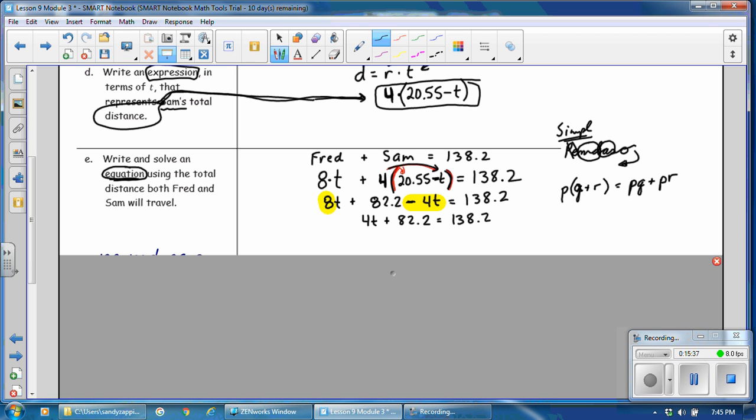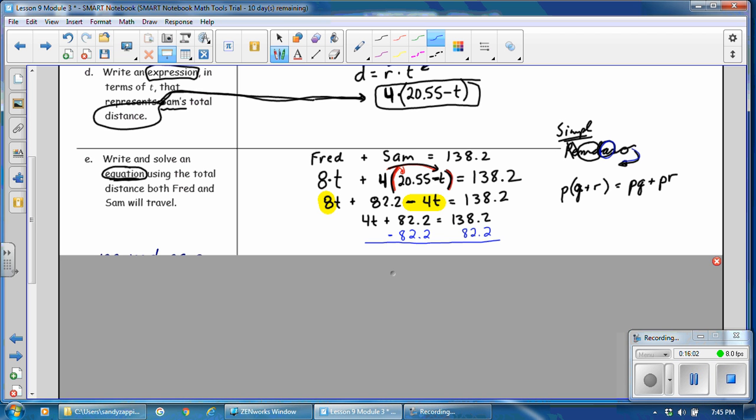Basically, it's just a two-step equation. So what are the two steps? We're going to go backwards through the order of operations and undo any addition and subtraction. So we're going to undo this addition with the opposite. We're going to subtract 82.2, subtracting 82.2. And notice that I didn't show my operation on the right side.